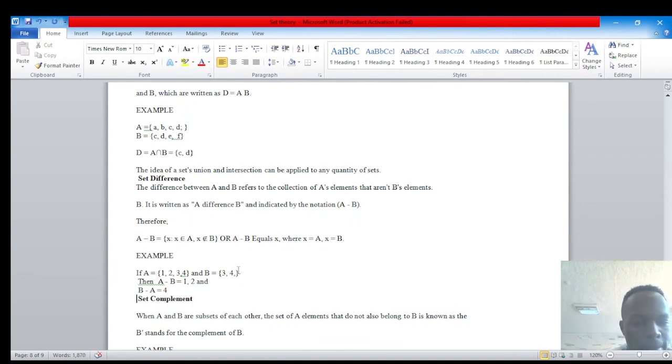Let's say, for example, B has 3, 4, 5. So the answer will be B difference A. Between 3, 4, 5, is it contained in A?